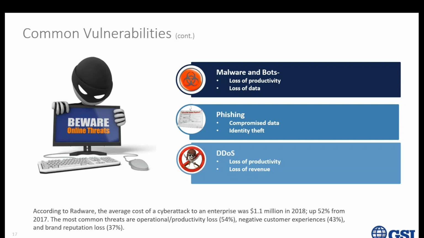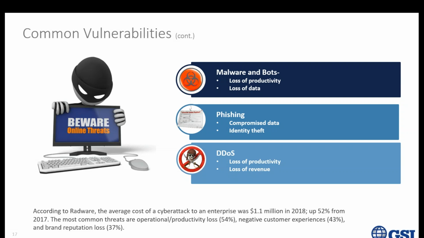The biggest thing is loss of productivity. But then you look at somebody like Marriott or Home Depot, when those businesses have had incidents, those result in a negative customer experience, which hurts their reputation. It hurts whether or not you want to buy from them, whether you want to book a hotel with them.